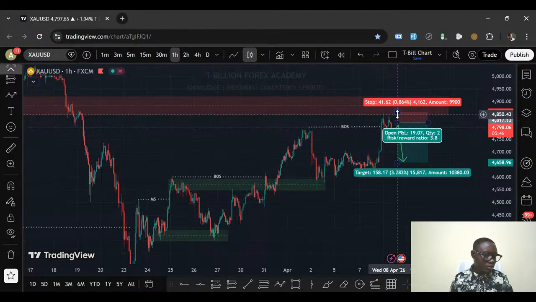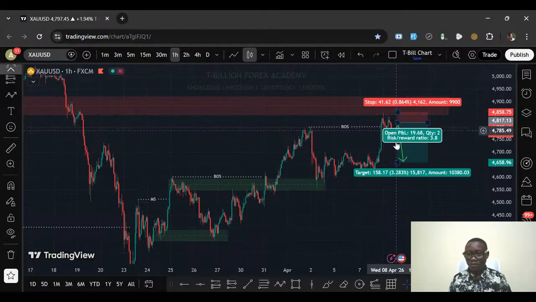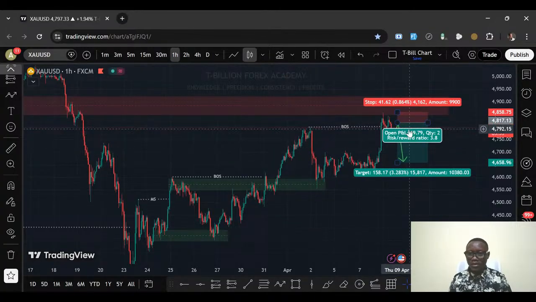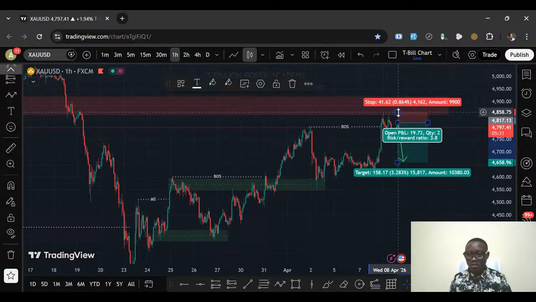It's not the best setup I can get on BTC or XAUUSD. So I may just want to ignore the sell setup and focus on taking buy opportunities basically.